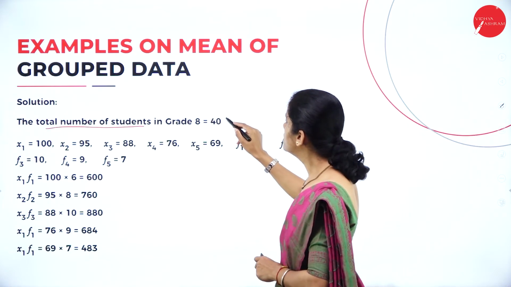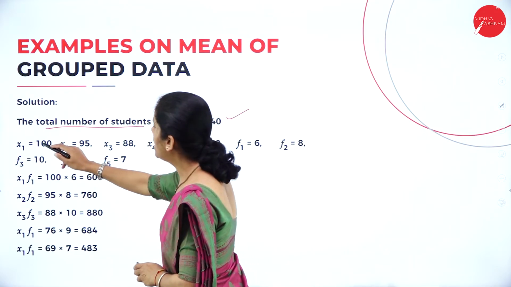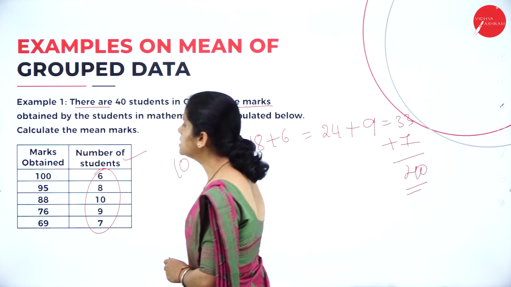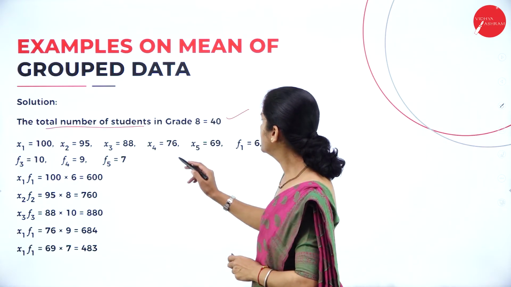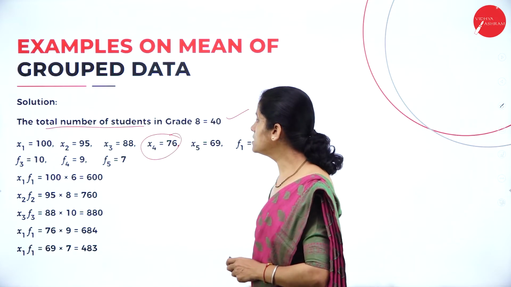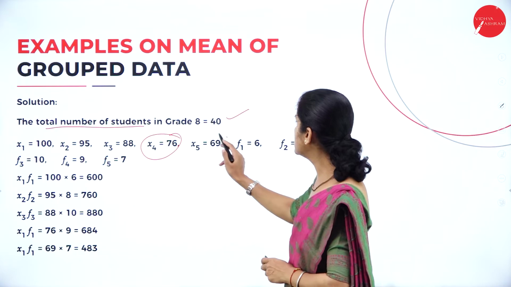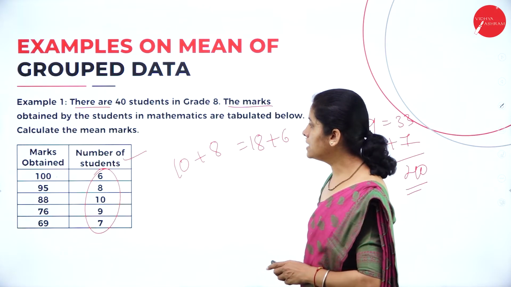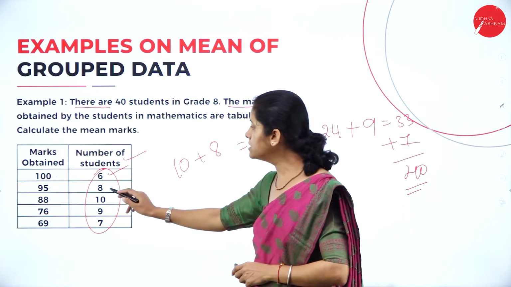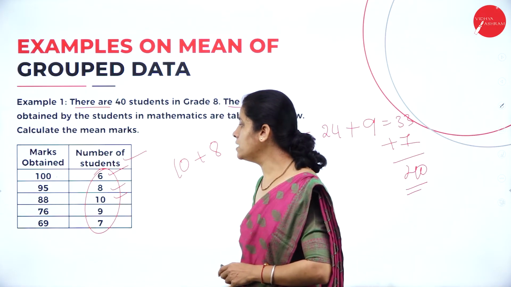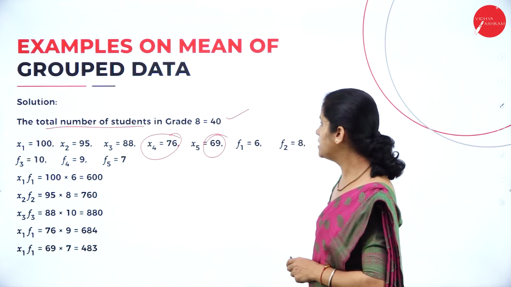Now, x1 is 100, x2 is 95, x3 is 88, x4 is 76 and x5 is 69. And if I consider the frequency distribution, F1 is 6, F2 is 8, F3 is 10, F4 is 9, F5 is 7.